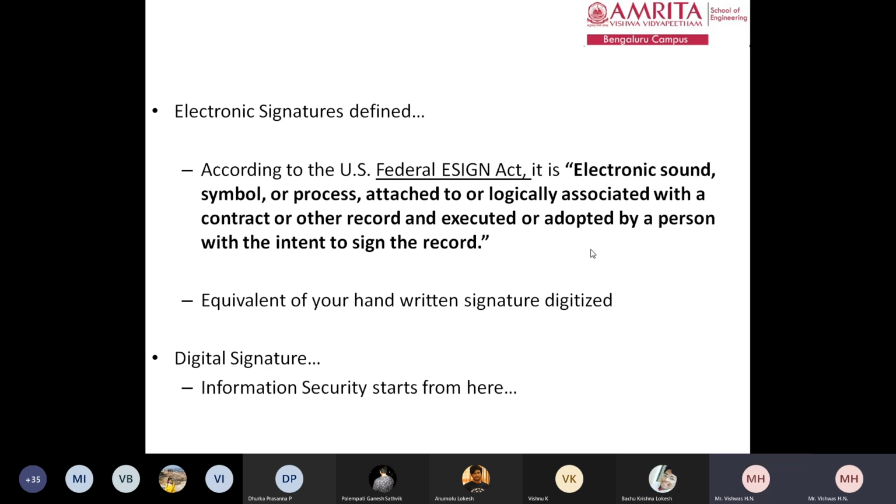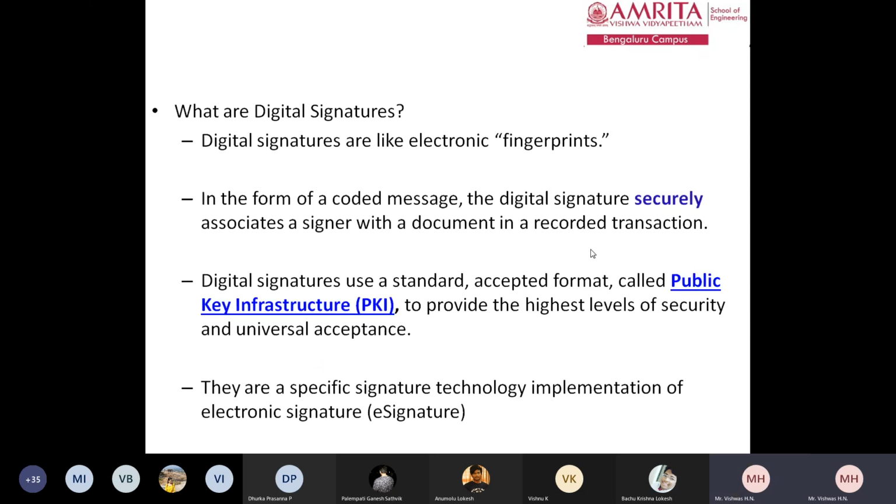So let us see what digital signatures are. Information security starts from here. Whatever topics we will be discussing start from digital signatures. So what are digital signatures? Digital signatures are like electronic fingerprints. In terms of a coded message, the digital signature securely associates a signer with a document in a recorded transaction.